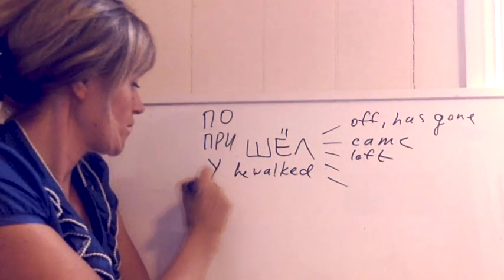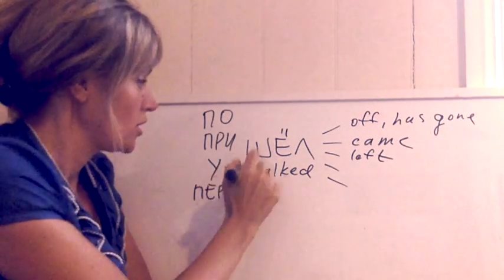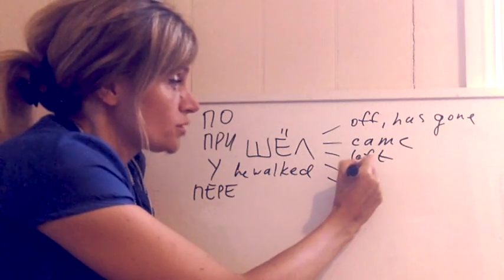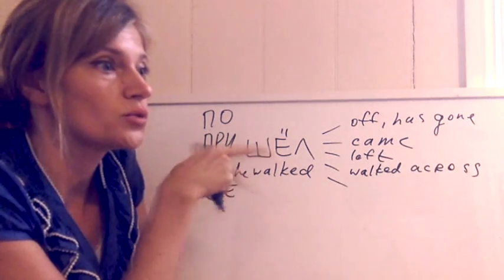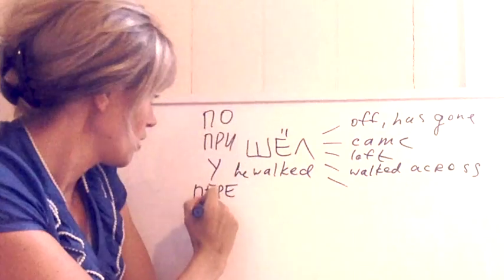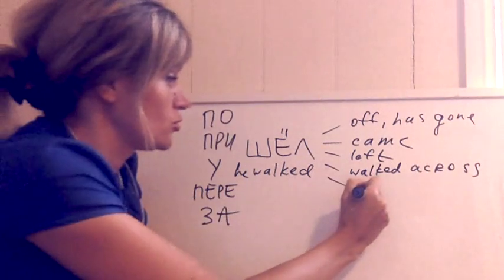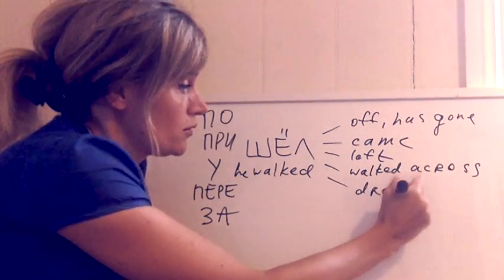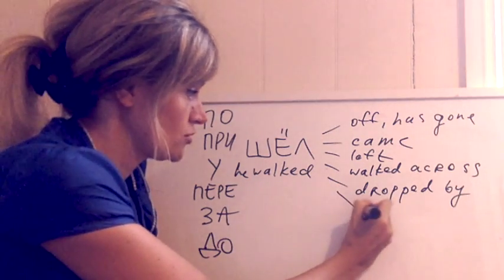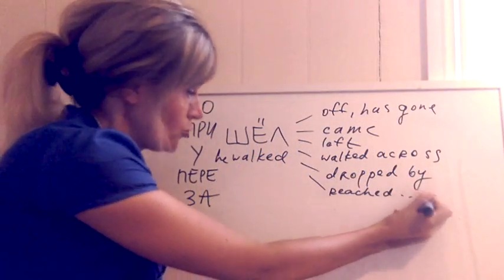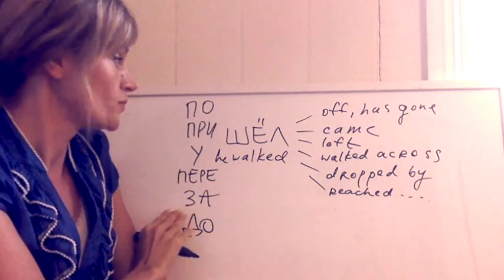If we put перешел, he walked across. What else can you do with walking? You're walking, walking, walking, and you can drop by. Зашел, dropped by. You can дошел, which means you reached the destination, reached the point, and so on.